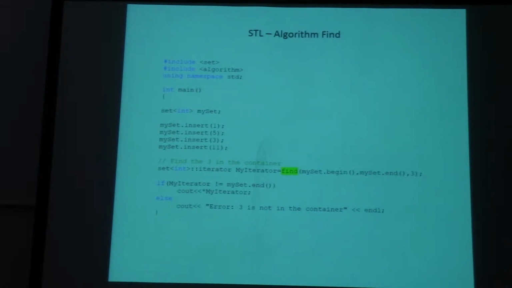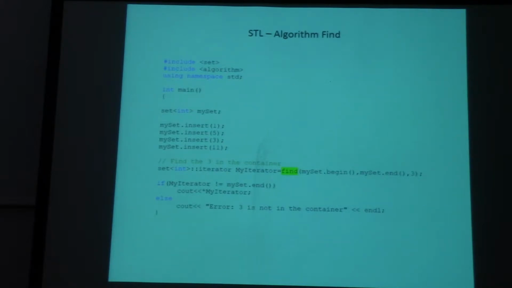So we have containers, we have adapters, we have algorithms. There's an algorithm called find. So let's see how that's going to work. I'm going to use a set, so I'm including the set STL. I'm going to use an algorithm on the set, so I'm going to include algorithm. The first thing I do is create my set object, which is a set of int values.